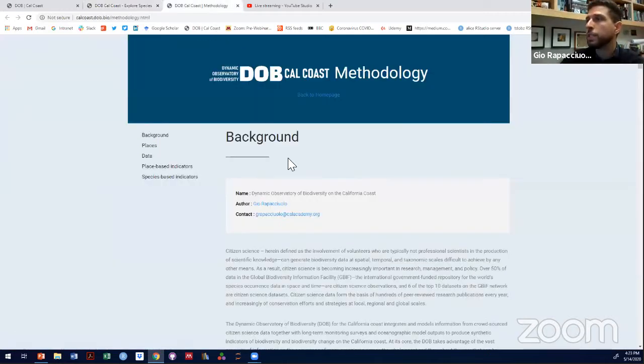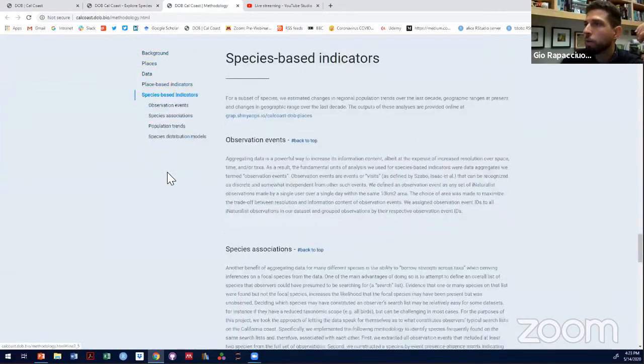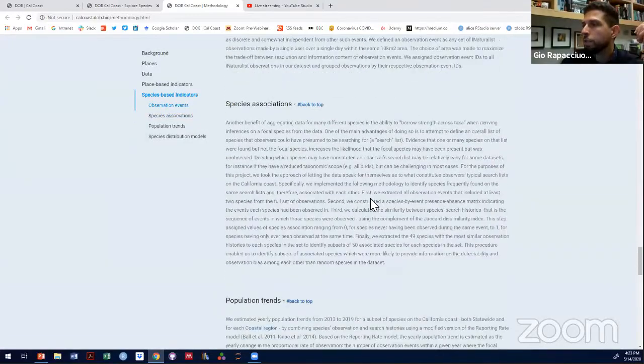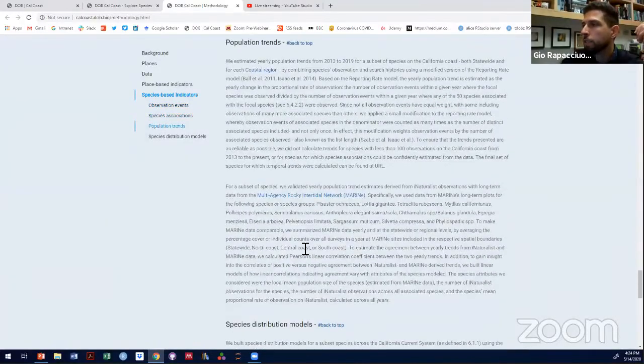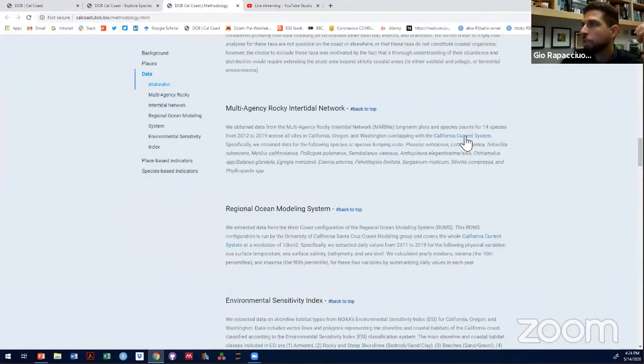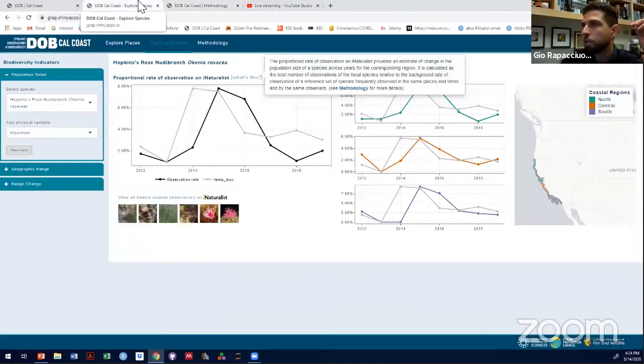But if you want a more detailed one, you can just fly to species-based indicators here, and you'll find the different steps into extracting those patterns, and in fact links to the wonderful data sources that we've used, as well as iNaturalist.